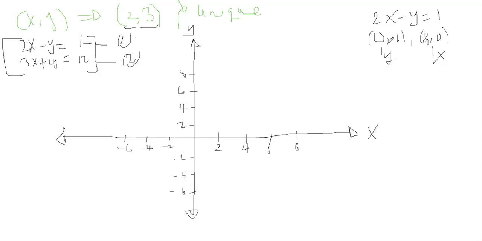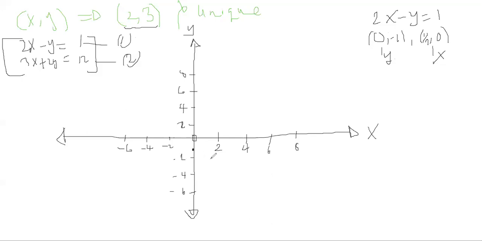So here, when x equals 0, someone asked us to put it there last class. When x equals 0, then y equals what? Minus 1. So we will have 1 around here. Let's assume minus 1 is here because this is 2.